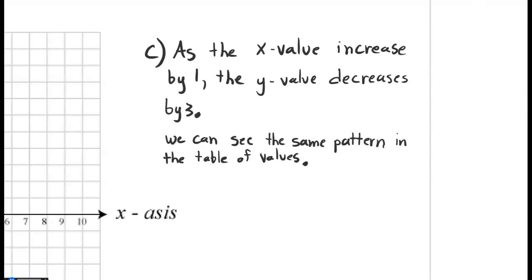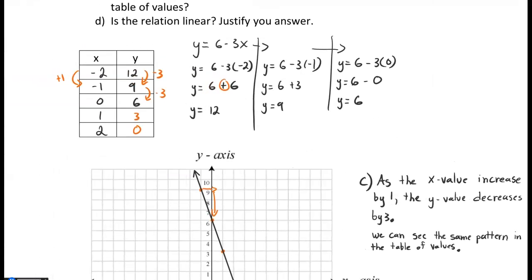So, as the x value increases by 1, the y value decreases by 3. Now we can also see this pattern in the table of values that we looked at earlier. When we increased our value of x by 1, we decreased our value of y by 3.